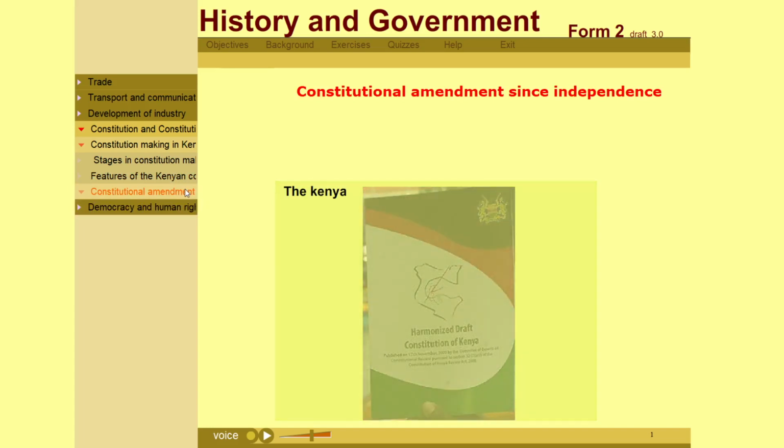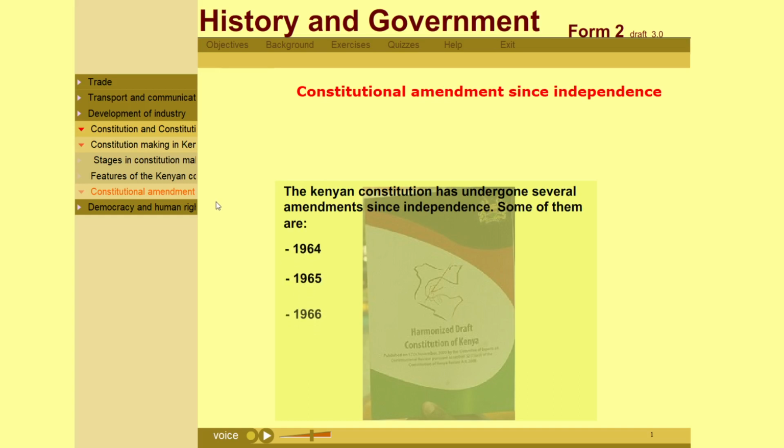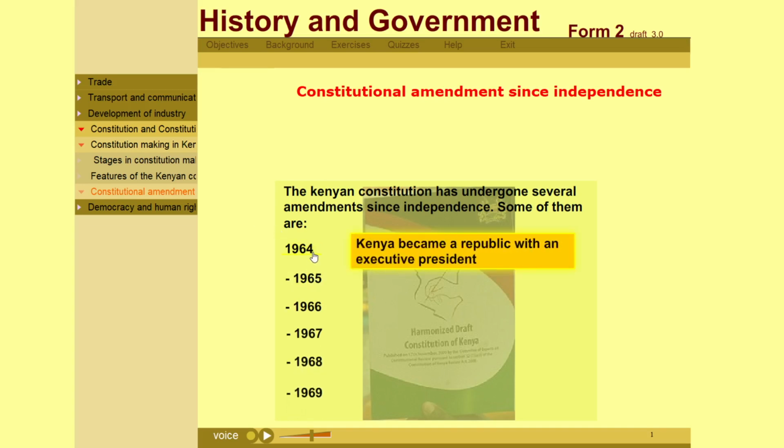The Kenyan Constitution has undergone several amendments since independence. Some of them are: Kenya became a republic with an executive president in 1964.